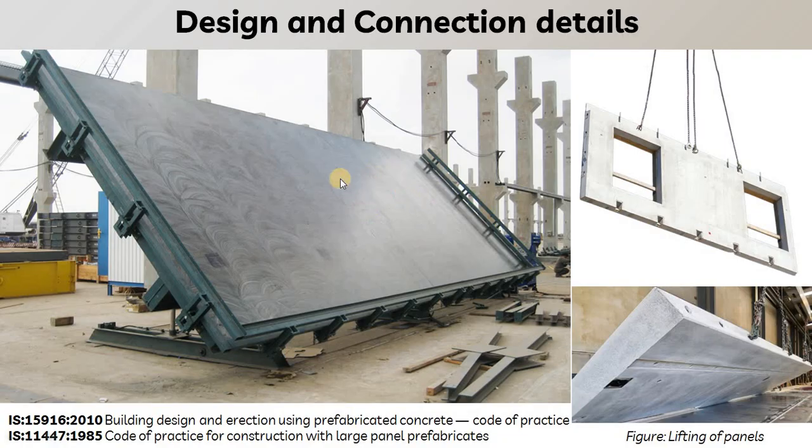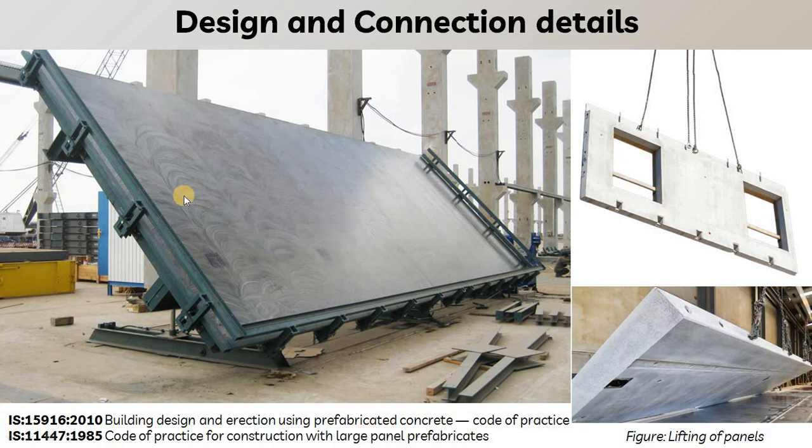Let's say this panel has to be cast. This kind of panel will be cast on this table. It has side shutters, or we can say sides, made as per the drawing. And then the windows, you can see there are two windows.